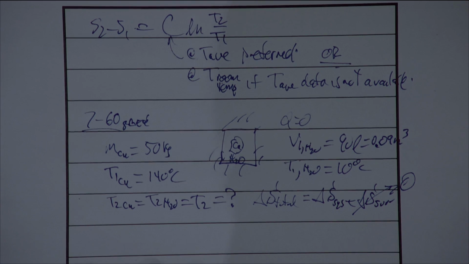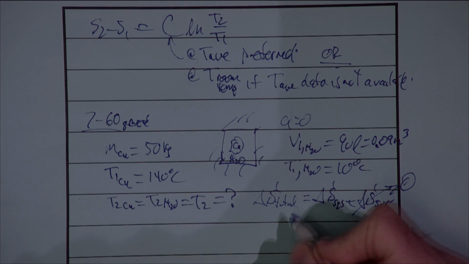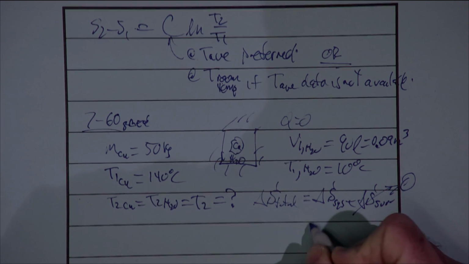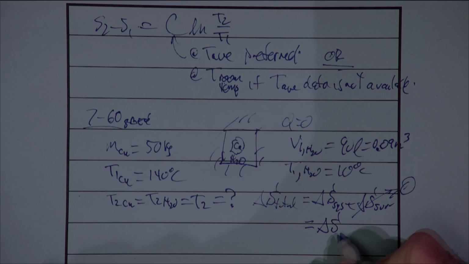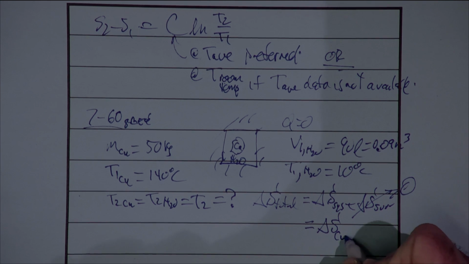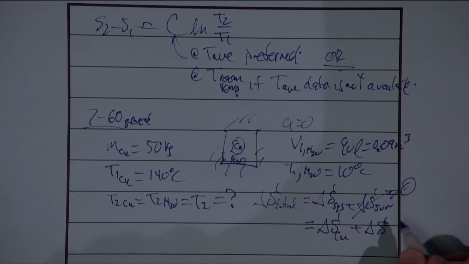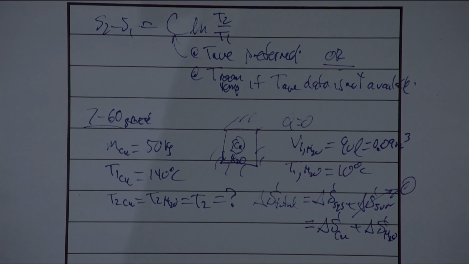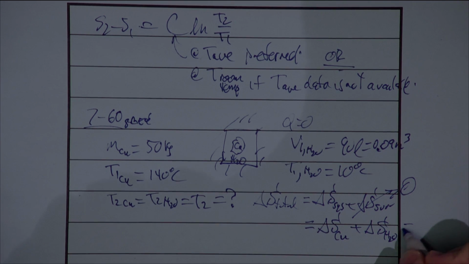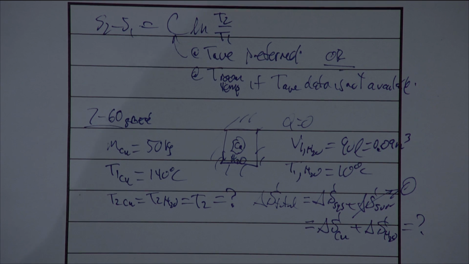And again, we know this is because there's no heat transfer. And we would note further that the entropy change of the system then is going to be the entropy change of the copper plus that of the water. So this is what we ultimately are having to find. So again, this is unknown to us.